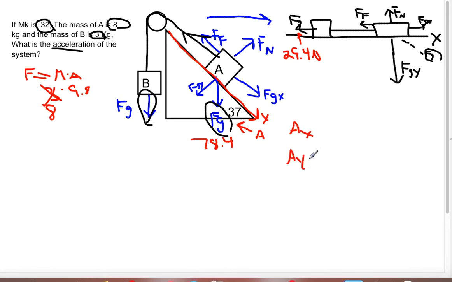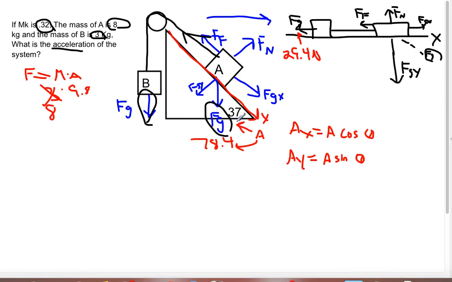Now the two equations we get tell us that the A of x is equal to A, which is the magnitude of this line, so 78.4, A times the cosine of theta, and A of y is going to be equal to A sine theta.